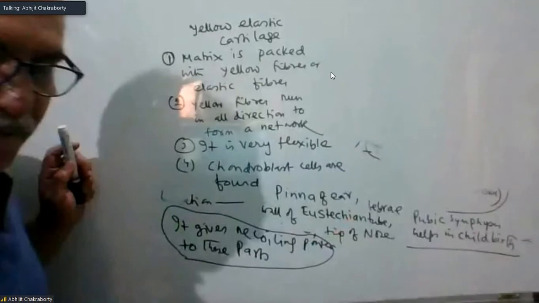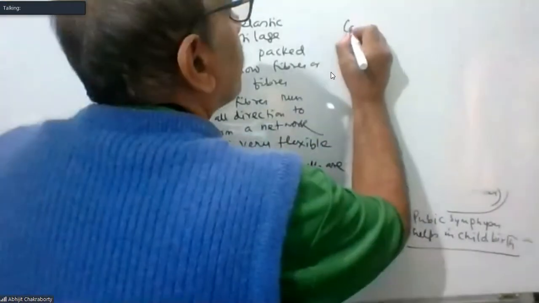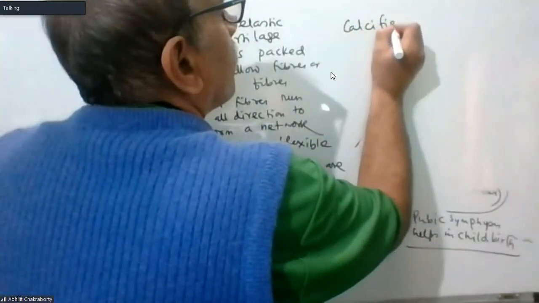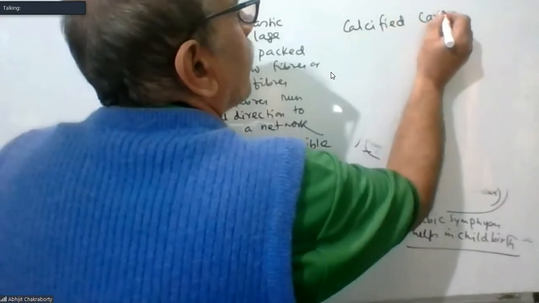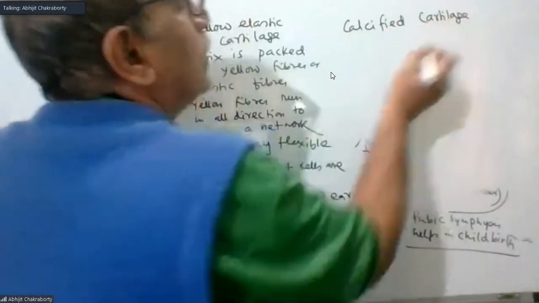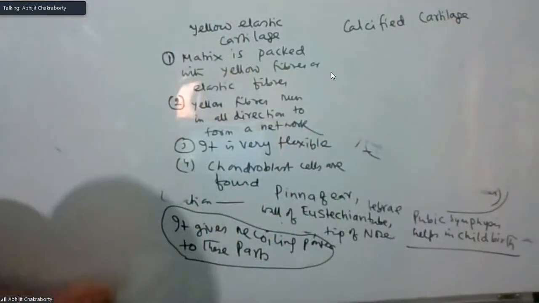The last one is calcified cartilage. Actually, here the matrix possesses calcium salts.